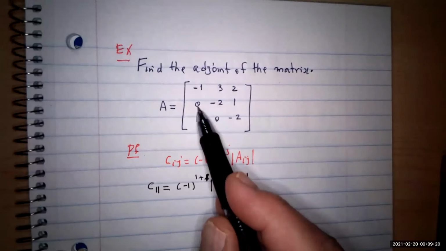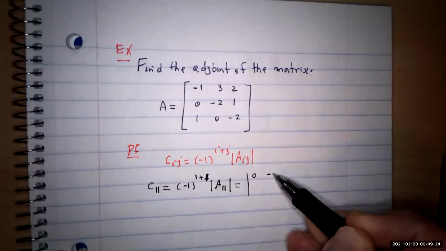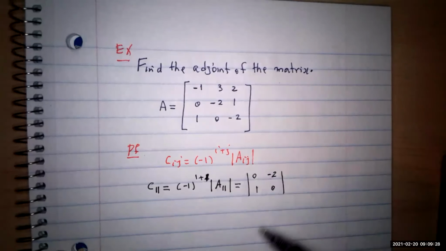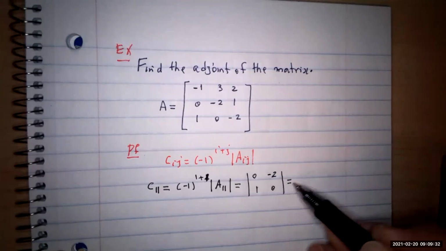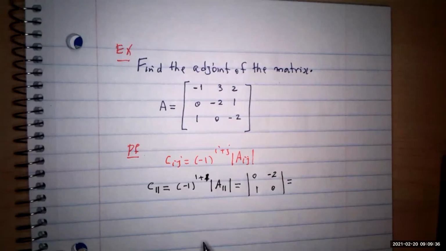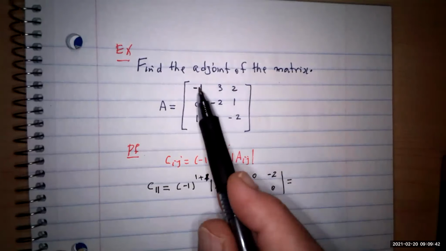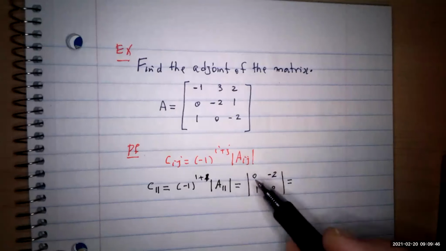So the resultant matrix, 0, -2, 1, 0. You can find it right away, you don't have to write it down. You get the determinant. Let's check. Sorry, eliminate the first row, first column. So the resultant matrix, I made a mistake here.